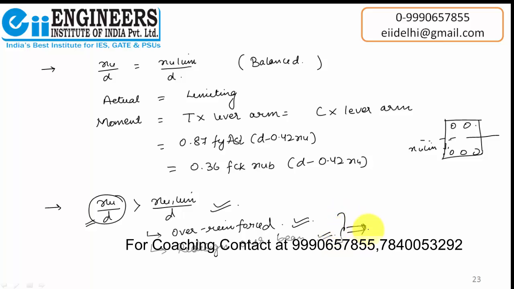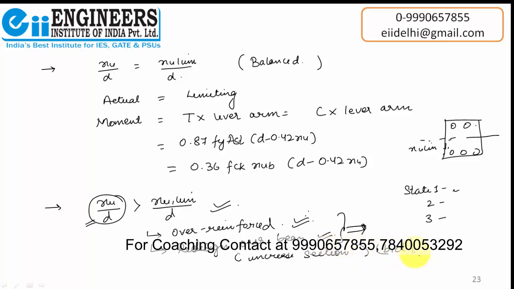Sometimes they may give statement 1, statement 2, statement 3, out of which you have to choose which statement is true. They can give these two statements together. So you should know that when this condition arises, you can design it as an over reinforced beam, or you have to redesign your beam and increase the section, that means you have to increase B and D.